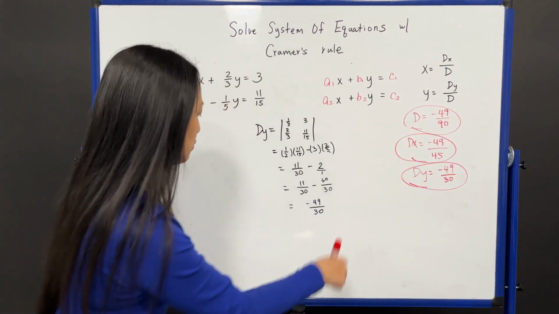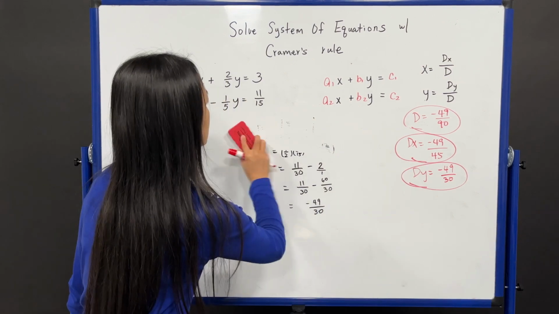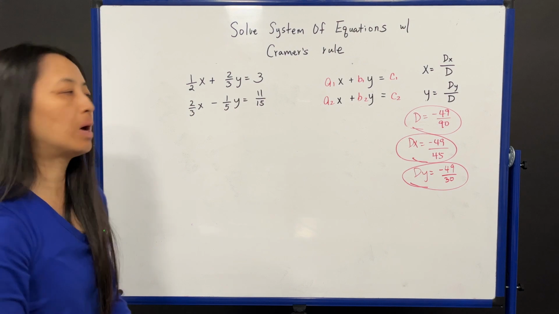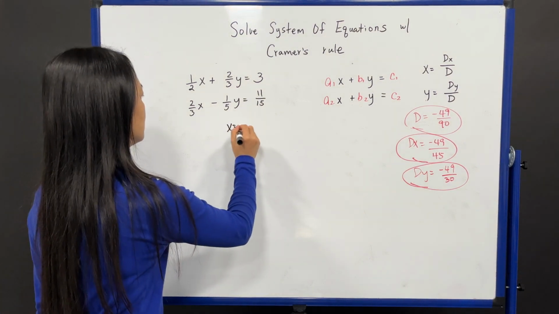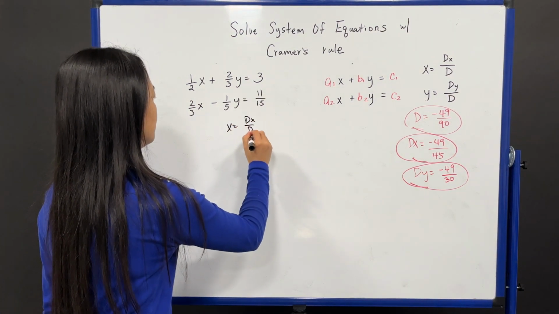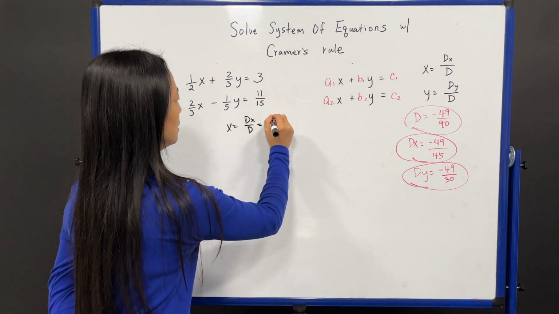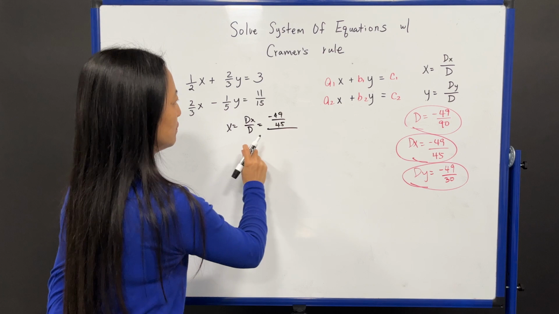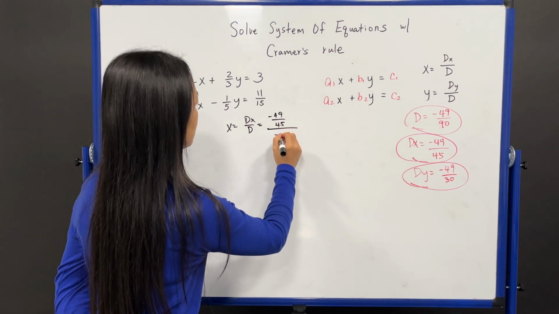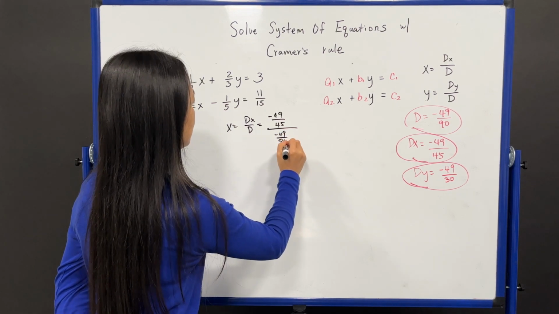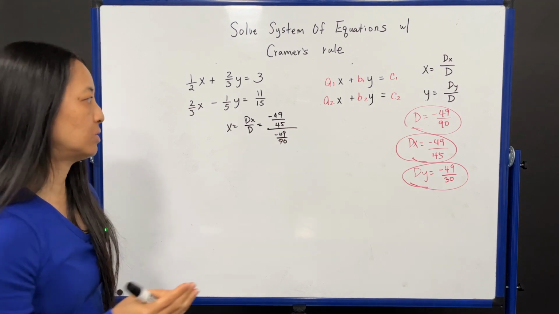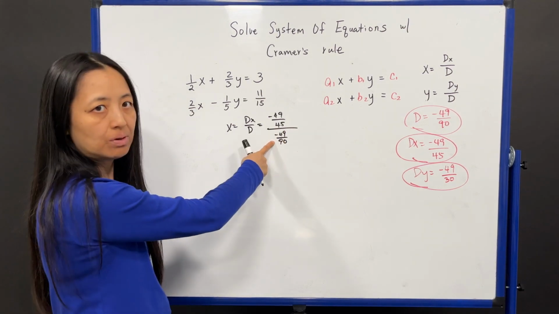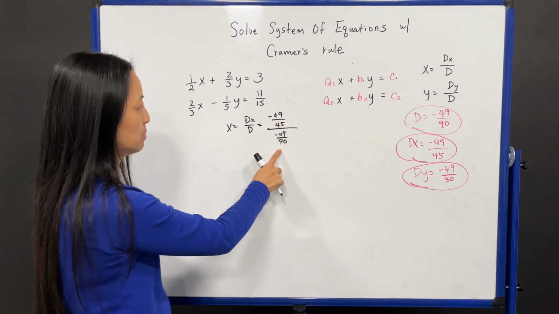Now that we have all the variables figured out, we just plug them into our formula to get x and y. Our x is equal to d of x over d, and that's equal to negative 49 over 45 divided by d, which is negative 49 over 90. When you're dividing by a fraction, just remember that you need to take the reciprocal of the denominator and multiply it.